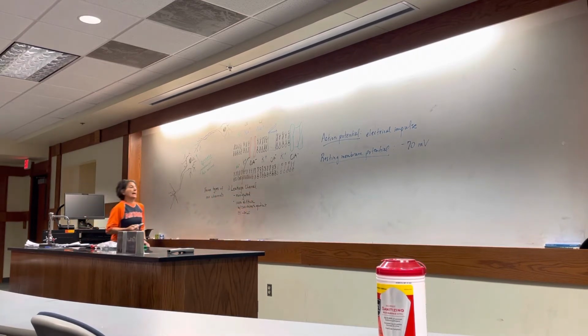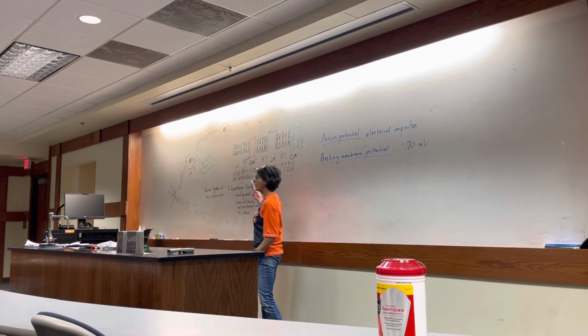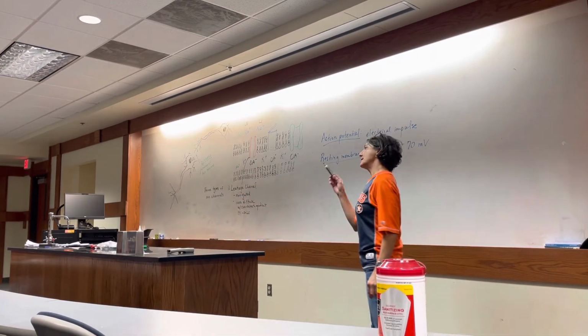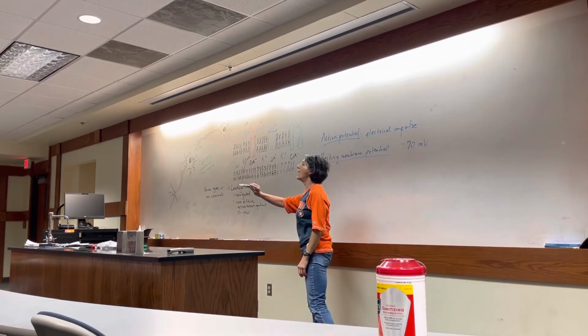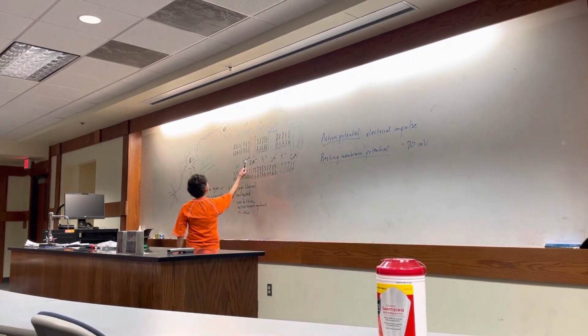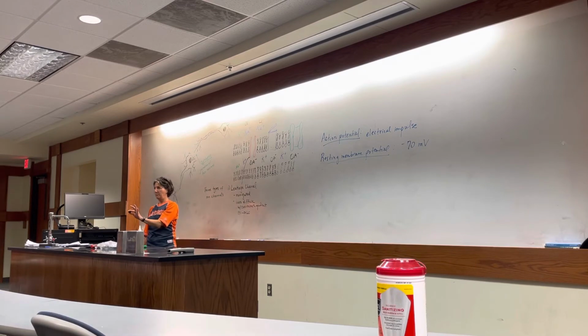Now, the shape of the channel is specific to whatever ion is going to flow across. Let's pretend this is a leakage channel for potassium. It will only allow potassium to flow across.